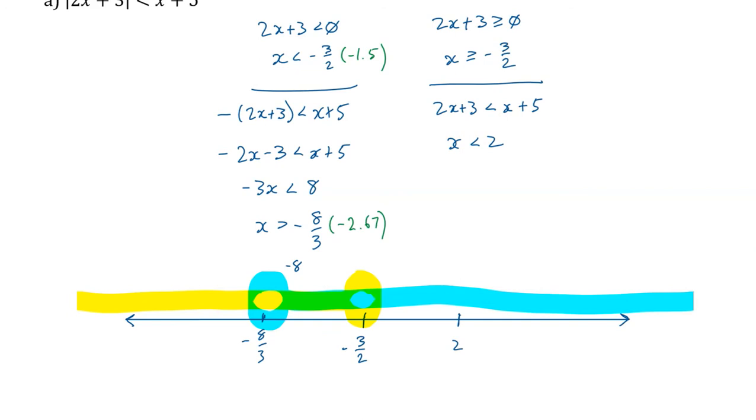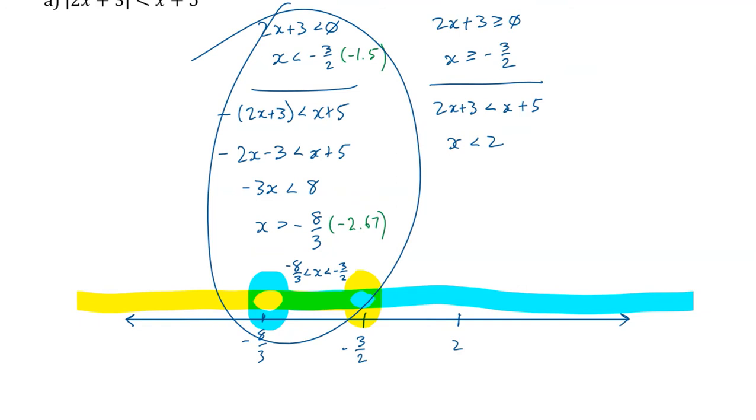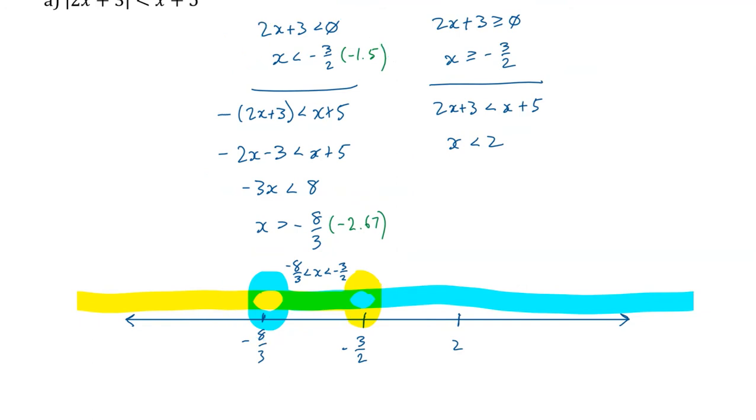Negative 8 over 3 less than x less than negative 3 over 2. That's what that interval is, and that is the solution of this case. Okay? Numbers have to be less than negative 1.5 and bigger than negative 2.7. So the numbers between them, right?